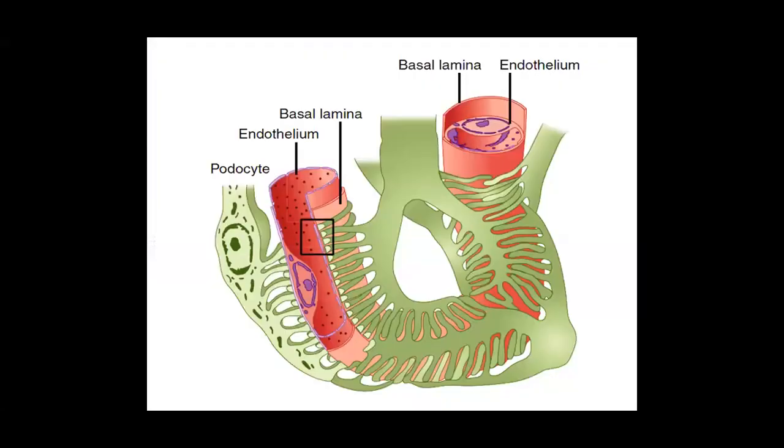If we see the schematic diagram, we can see it like this. This is the basement membrane or basal lamina. On one side there is the capillary endothelium, on the other side there is the Bowman's capsule epithelium, and this epithelium is resting on the basal lamina by certain foot processes.